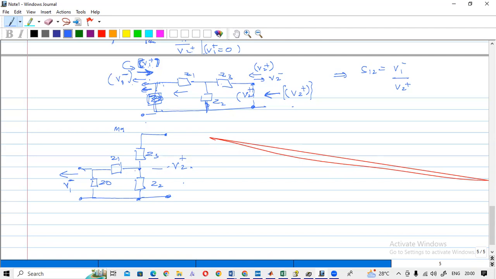Am I right? You can first write the voltage between this one and this one using the voltage dividing rule. No, I'm not sure, because some current is going through this, no?